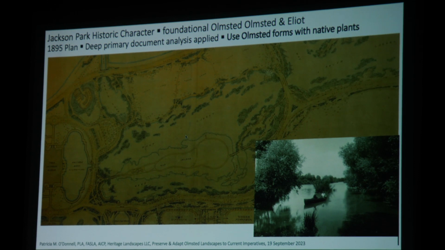We did a deep primary document analysis and used Olmsted form to develop a detailed design for the replanting with native plants from a 500-mile radius.